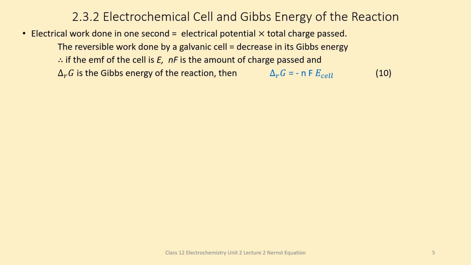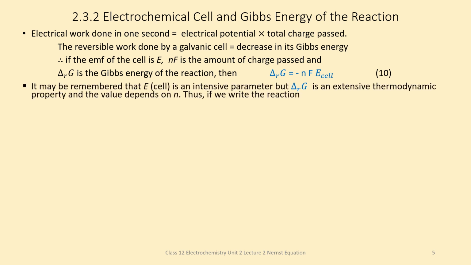Let it be equation 10. It may be remembered that E of cell is an intensive parameter, but delta rG is an extensive thermodynamic property, and the value of delta rG depends on n.